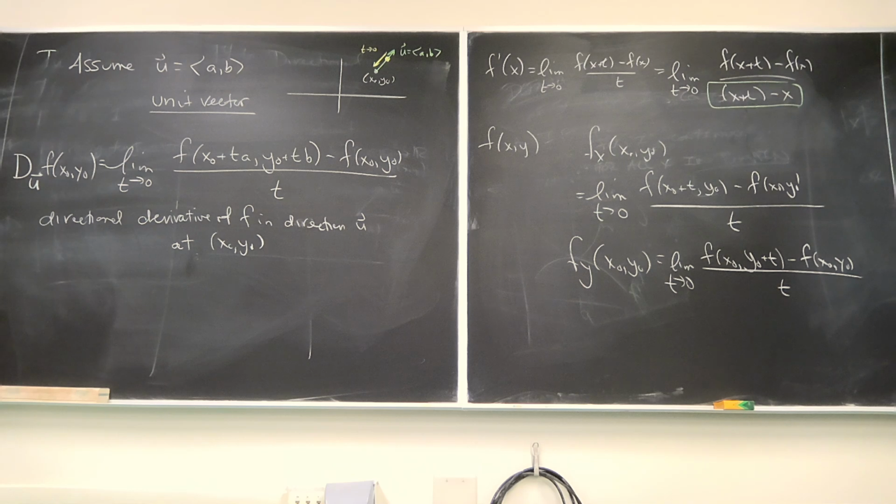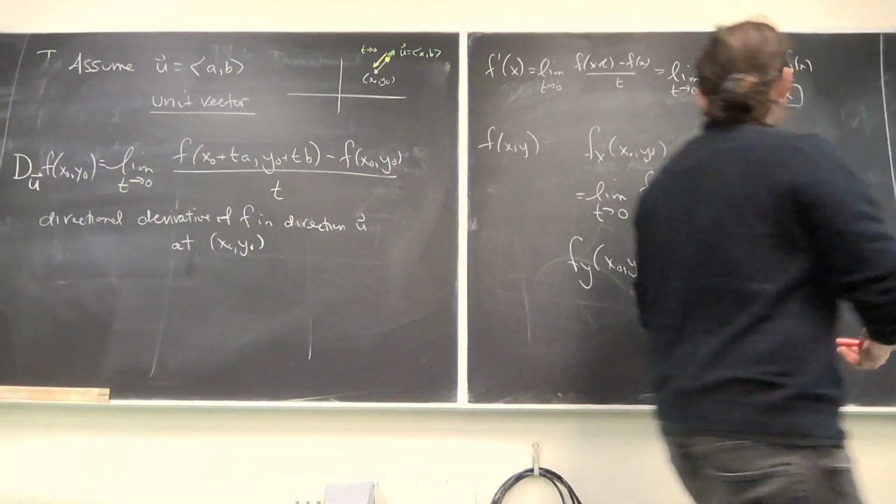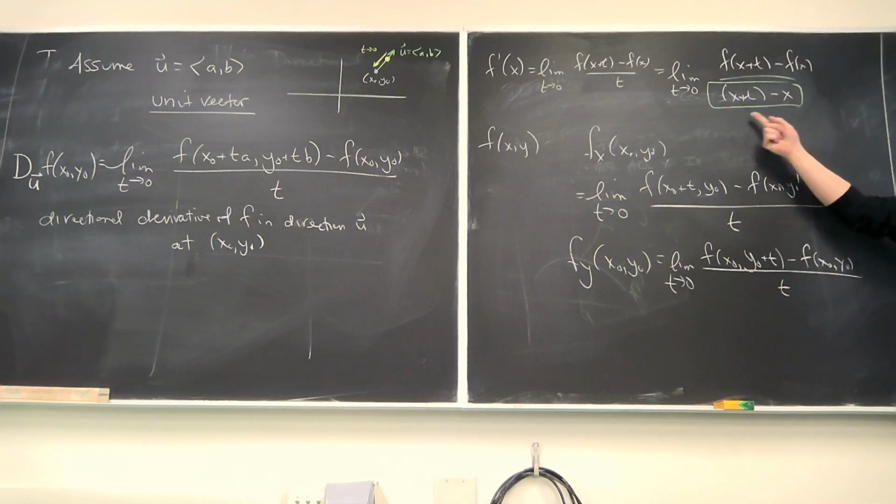Okay, so why a unit vector? If you wrote this out where slope is equal to rise over run, you have to account for the length of the vector that you're computing over. In the original formulation for the derivative, this was really a distance between 2 points.